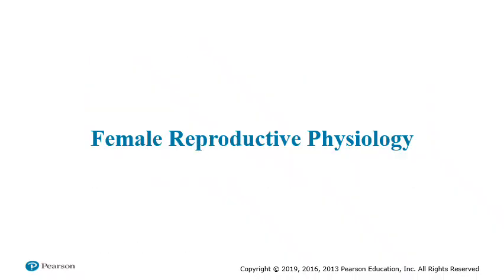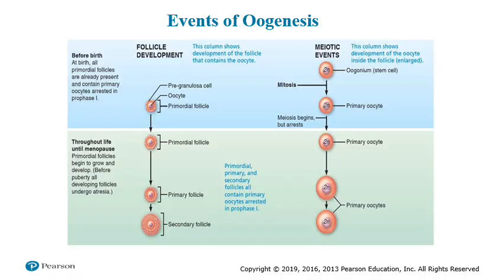Going forward into the female reproductive physiology, let's try to look at the events in oogenesis. Oogenesis is the production of the female gamete, and it begins in the fetal period.